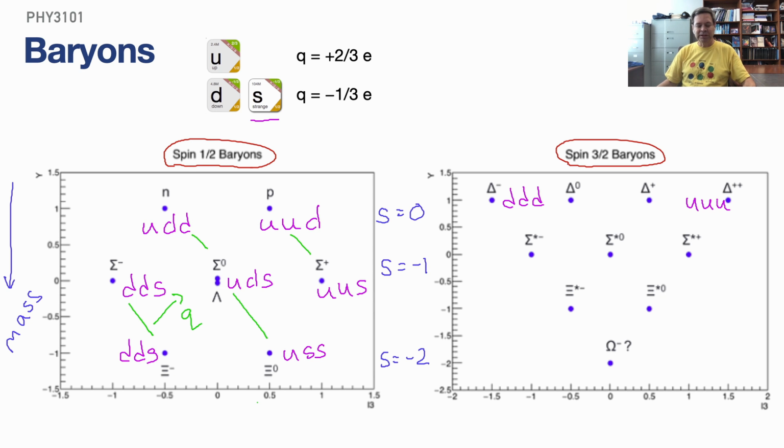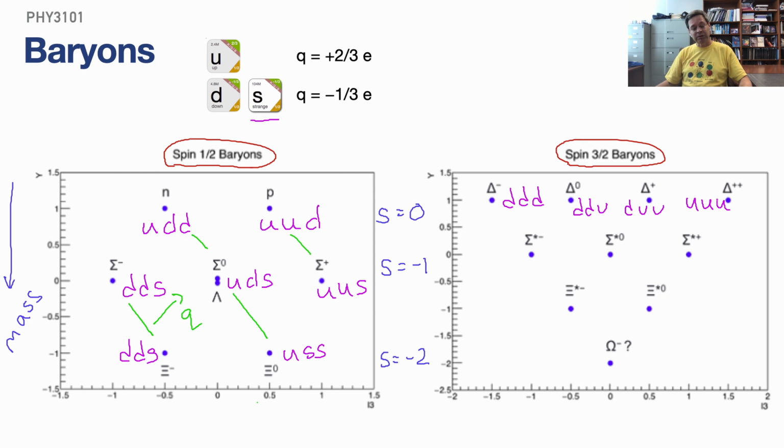And in between, for the delta 0 and the delta plus, you start replacing some of the d quarks with u quarks, right? So I could have d, d, u or d, u, u. And then that should give me the appropriate charge in that case.